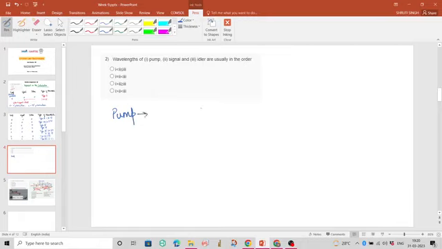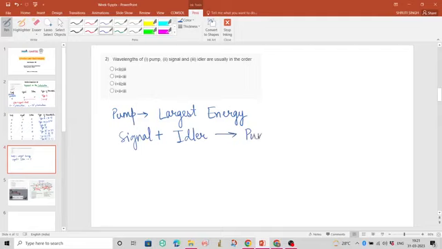Pump gets generated, so it has the largest energy. So it is like sum frequency generation. We combine two photons to get a photon of higher energy, and the pump is that photon. The pump gets generated which has the largest energy, and the other two photons, the signal and the idler, we combine signal plus idler to give the pump.